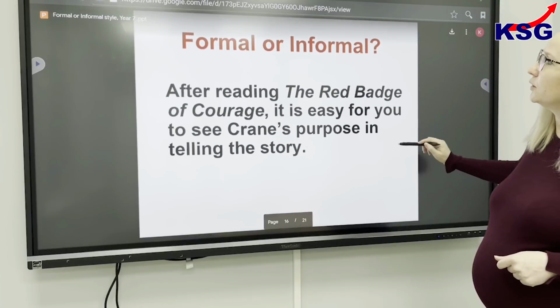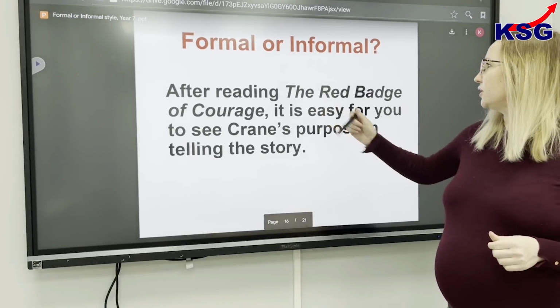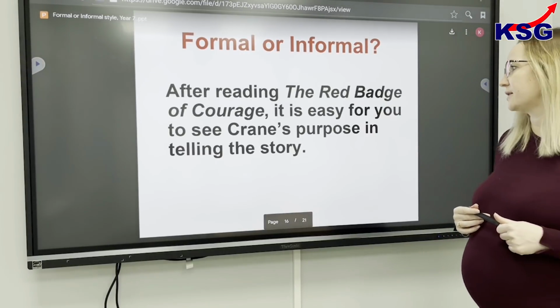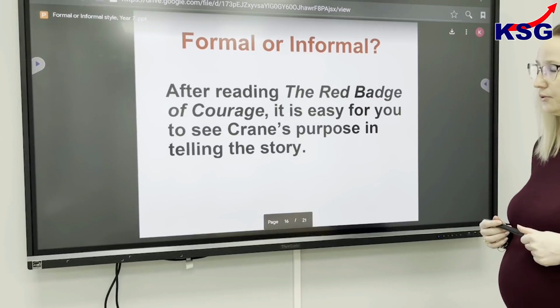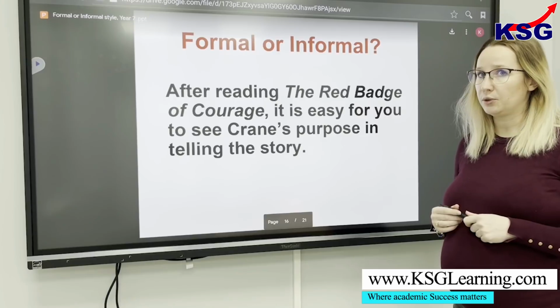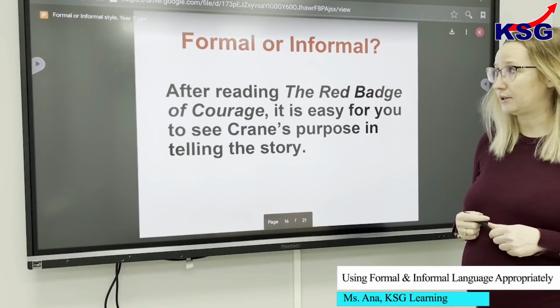How do we know if it is formal or informal? This is an example. After reading The Red Badge of Courage, it is easy for you to see Crane's purpose in telling the story. This is one of the examples where you should know which one it is, the formal or the informal language.